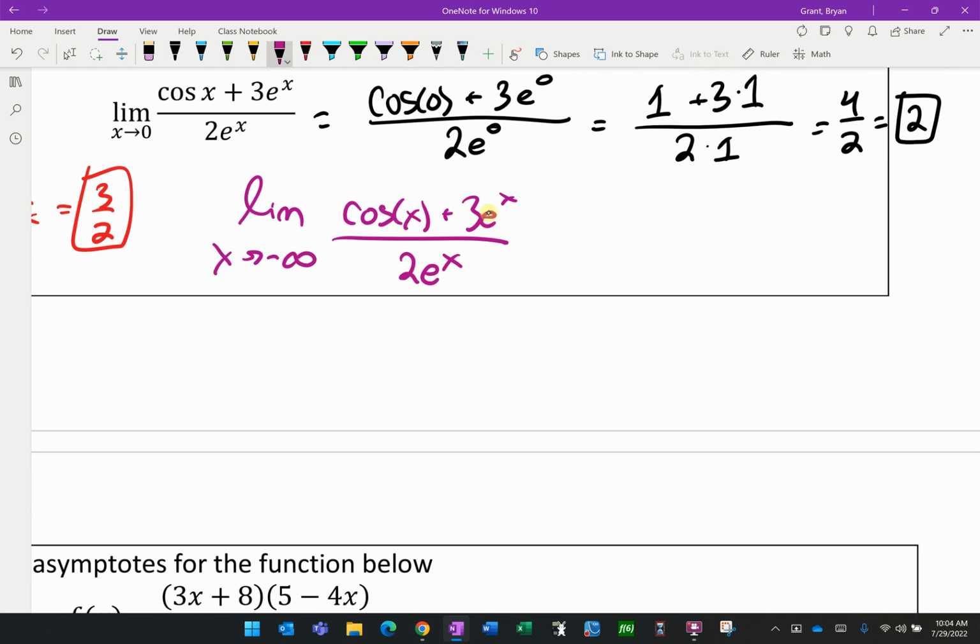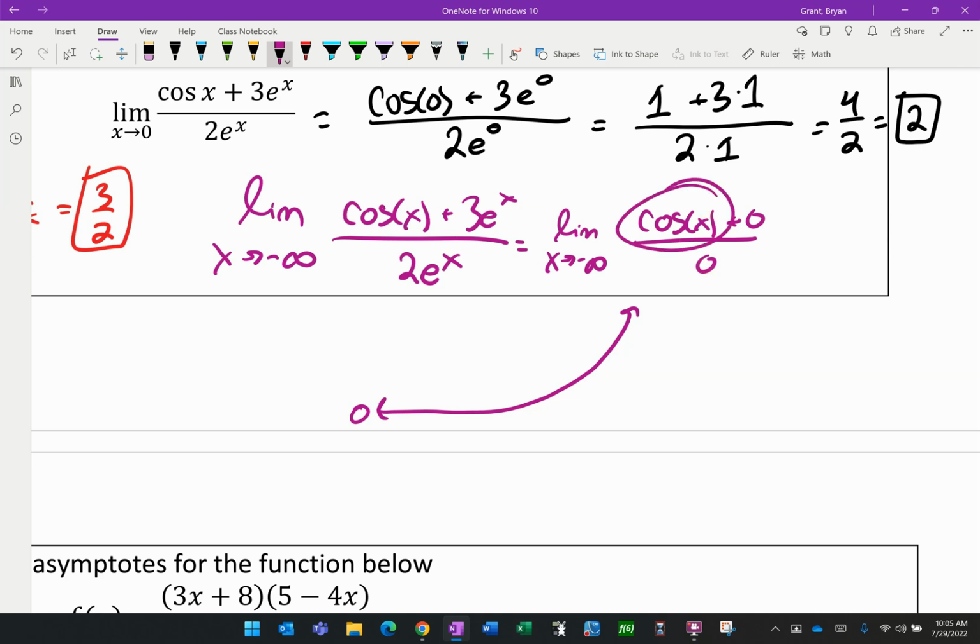But as we've discussed several times now, these exponential growth functions at negative infinity are getting closer to 0. They're pretty much just not there. So this limit is going to be cosine of x plus 0, over 0. That's kind of a weird limit.